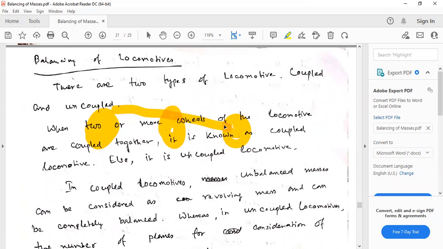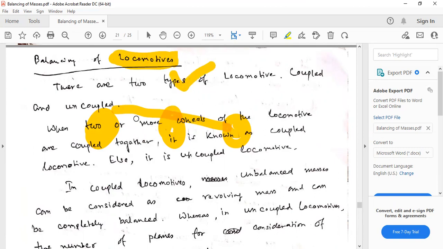What is the unbalance caused at this locomotive? That is what we need to see. The locomotive is selected in the books because it gives the best example of reciprocating unbalance.